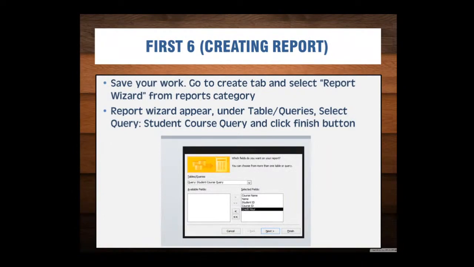Now, the last session is creating a report for delivering your database access. Save your work, go to the Create tab and select Report Wizard from the Report category. The Report Wizard window appears. Under Tables/Queries, select Query: Student Course Query and click the Finish button.